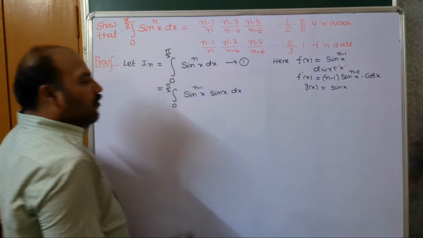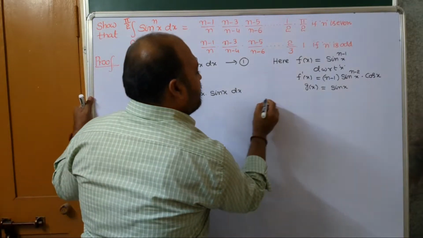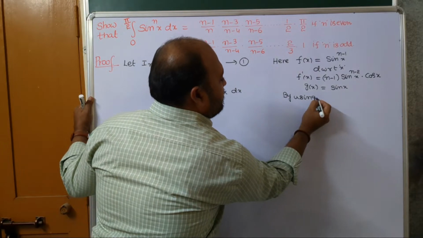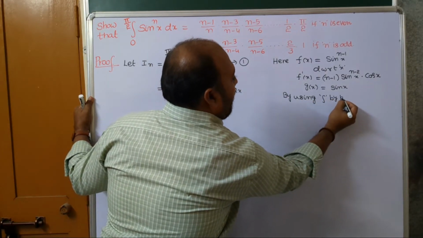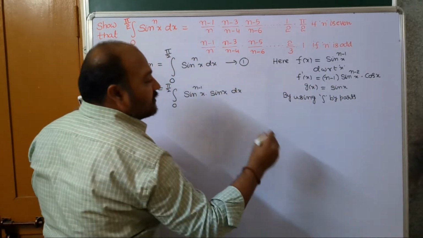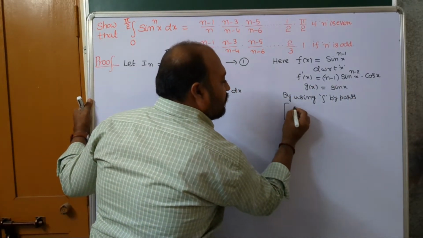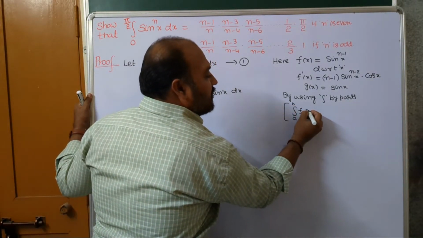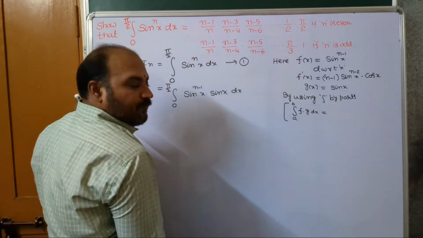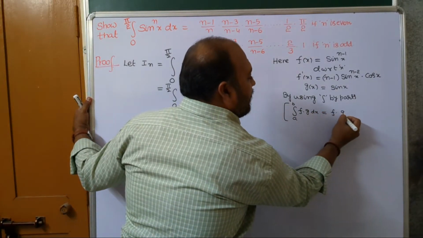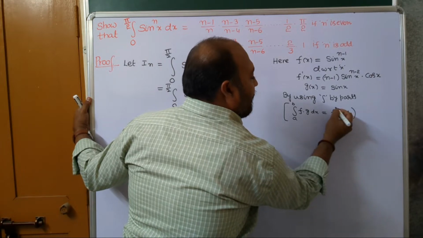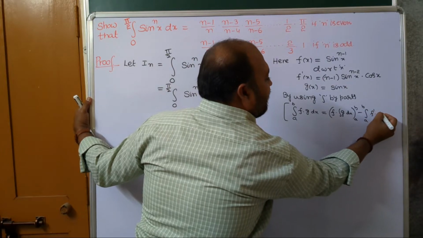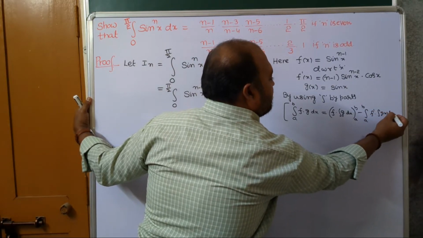Okay. From here, by using integration by parts, for definite integration, dear students, that also I am going to write the formula. The general formula I am writing: integral a to b f of x into g of x into dx equals f of x into integral g of x dx, applying the limits a to b, minus integral a to b f dash of x into integral g of x dx whole dx.